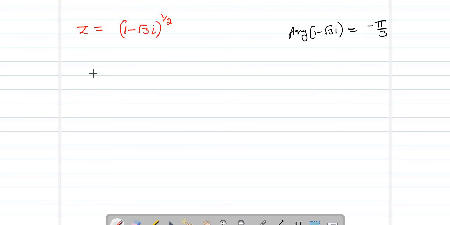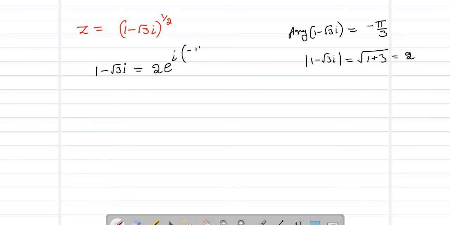Now let me find the absolute value of 1 minus root 3i. The absolute value is square root of 1 plus 3, that is root 4, which is 2. So this can be written as 2 times e power I into minus pi by 3 plus 2k pi.